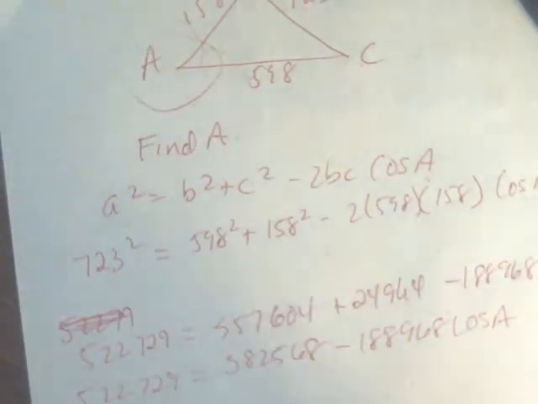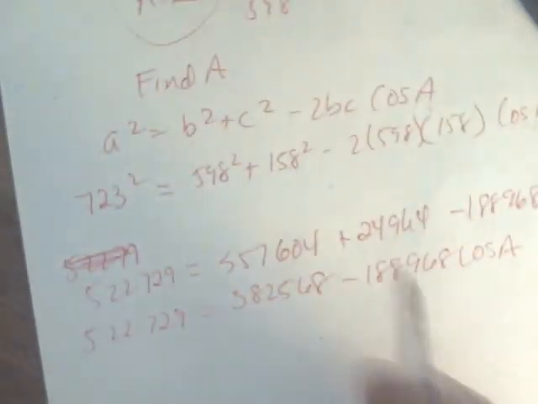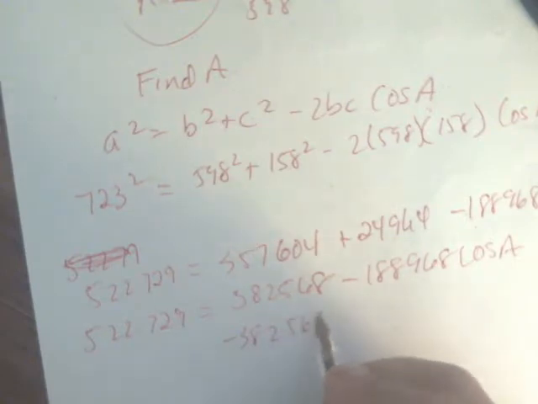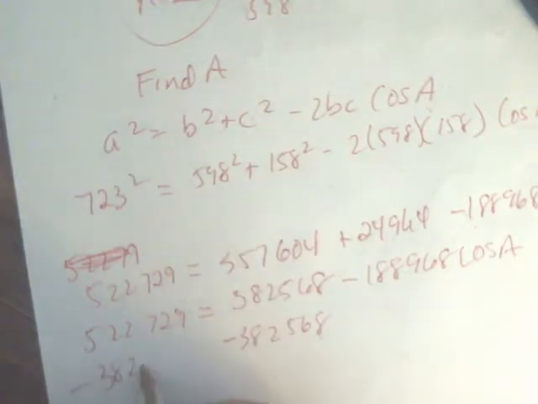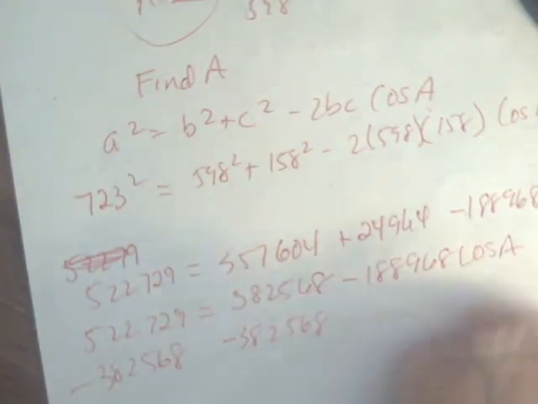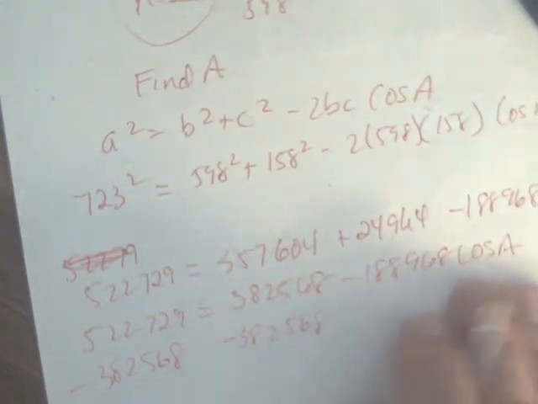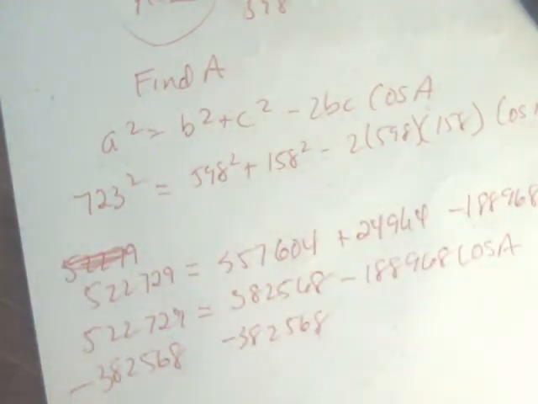You can't do it. It's kind of like if I had 5 minus 3x. You can't subtract them. But I can subtract the 382,568 from both sides. Okay, so I'm slowly getting rid of everything to get to the cosine of A.